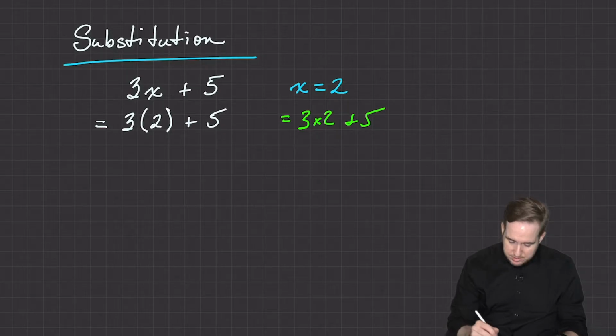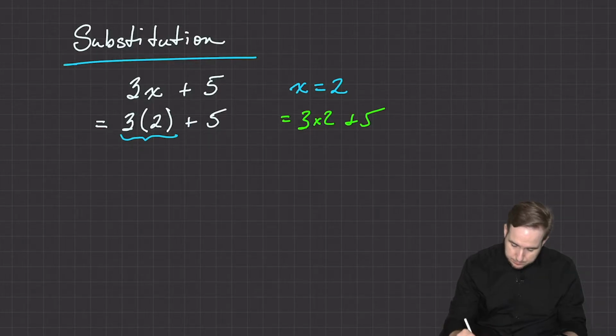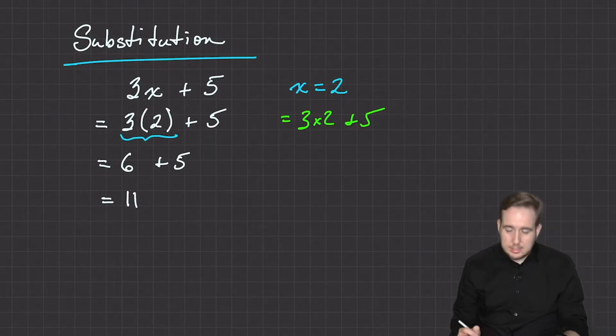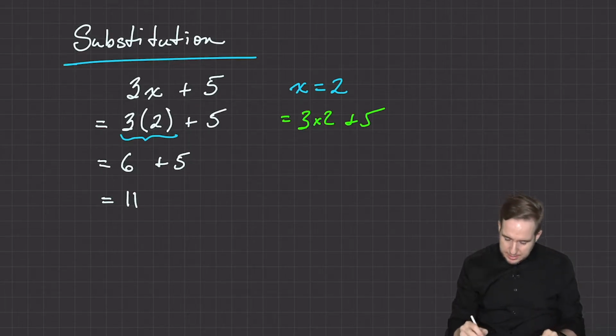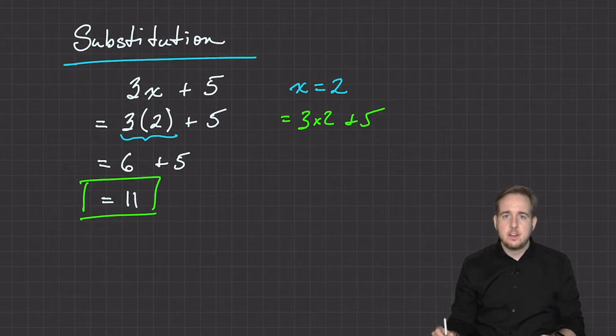But after that, doesn't matter at all. And now I'm just doing BEDMAS. So I do multiplication before addition. This is 6 plus 5, and that's 11. So everything I'm doing is working down, and it's that funneling technique. And if you're in the habit, you can put a box around your answer, and that's fine.